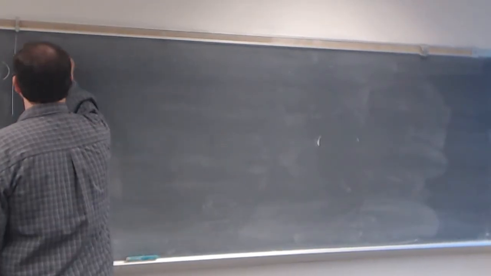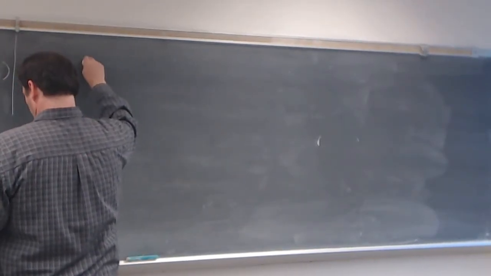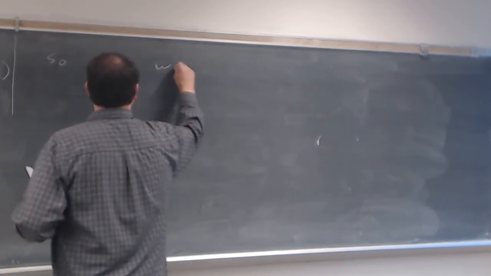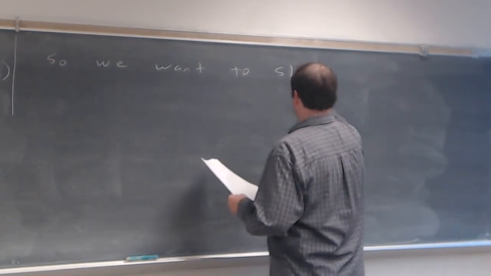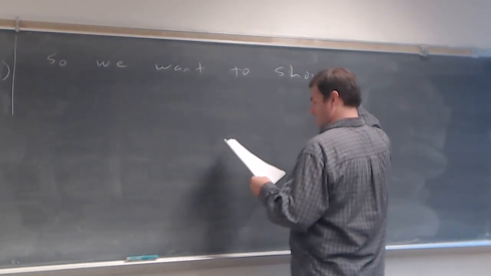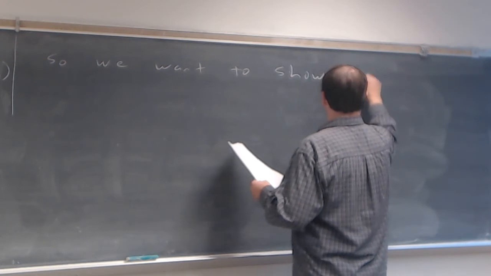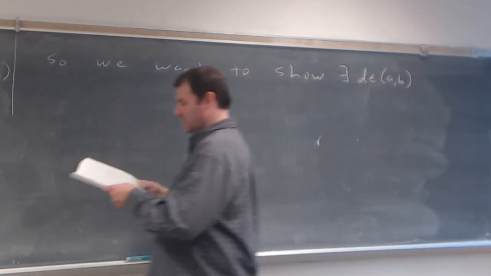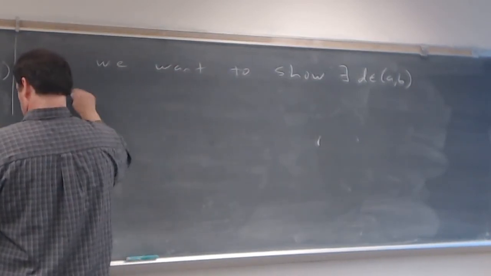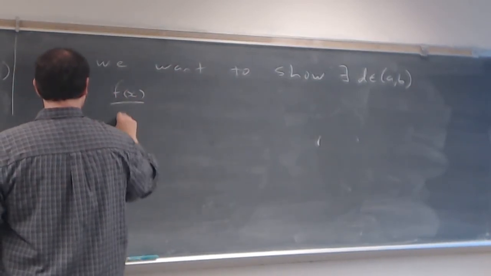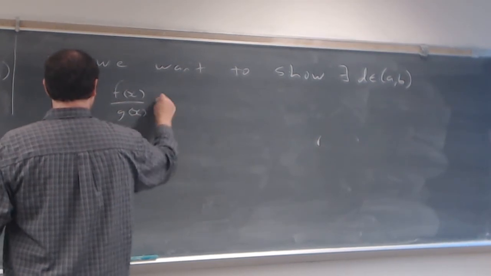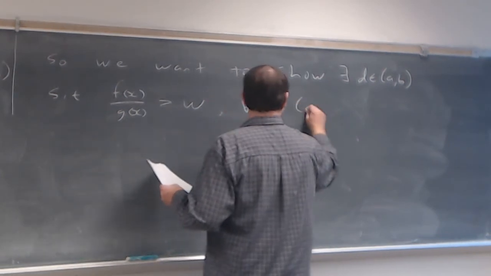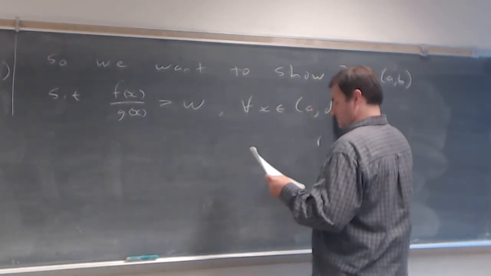So we need, okay, we want to show that there exists a D, an element of the open interval from A to B, such that f of x over g of x is going to be greater than w, and that's true for all x an element from A to D.